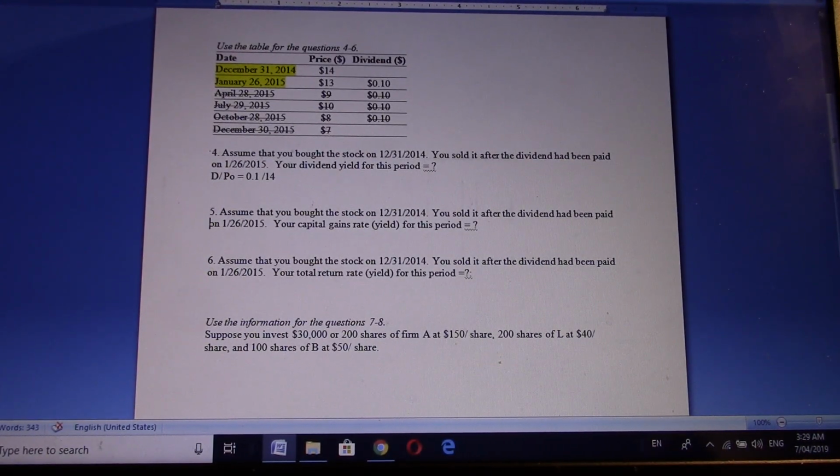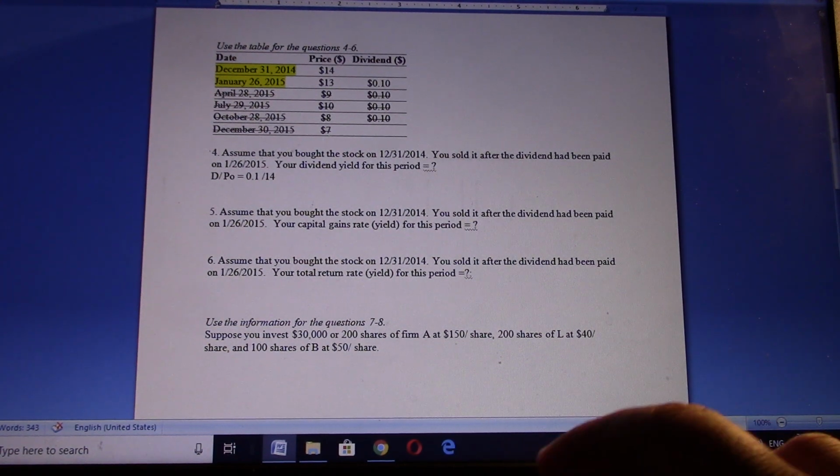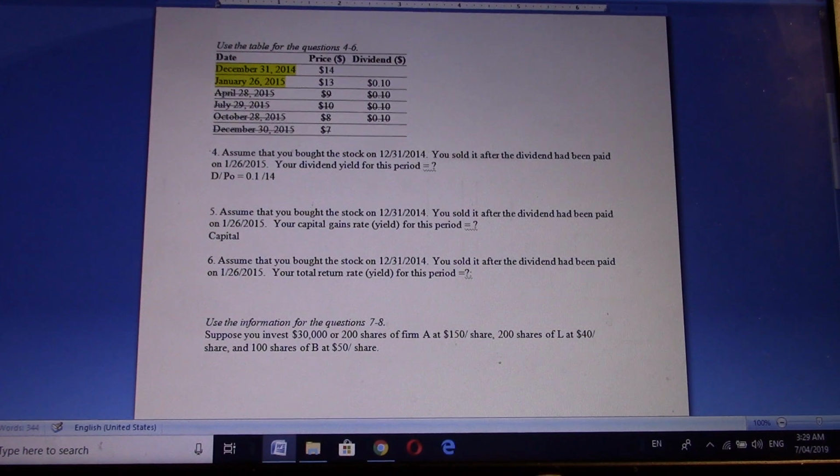Okay, the next question is asking for the capital gain yield for this period. To calculate the capital gain yield, you use the selling price of the stock divided by the purchasing price of the stock, minus 1. Another term for this is just the stock price change percentage.